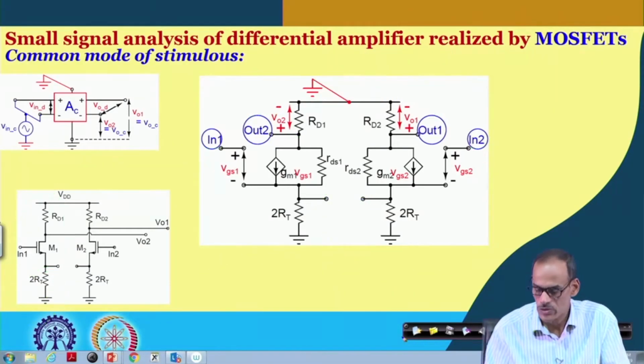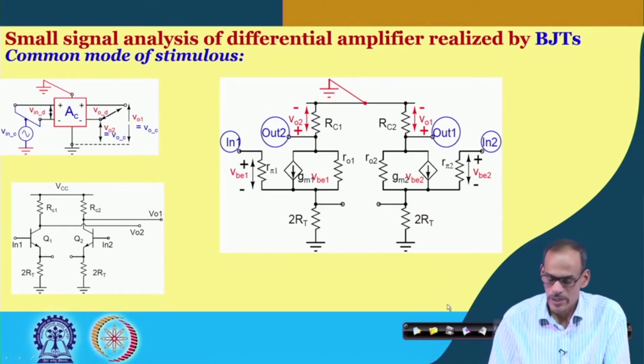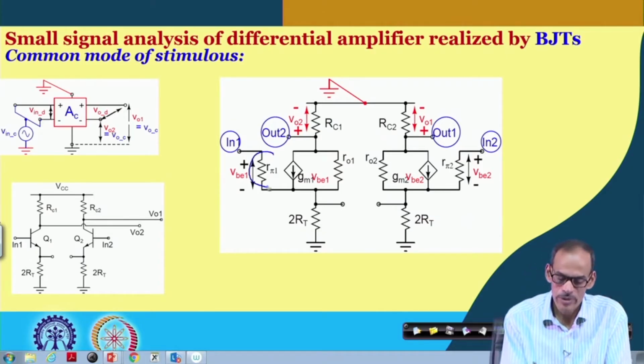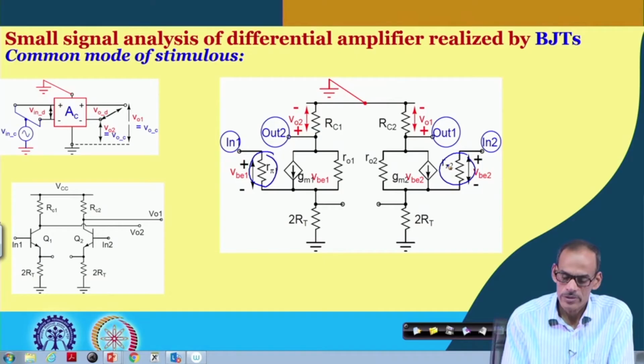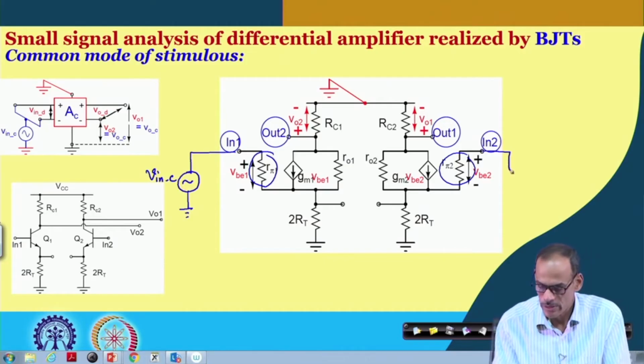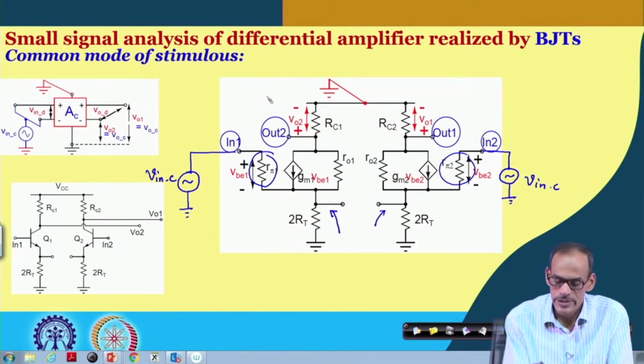In the next slide we have the corresponding circuit, and here again we have a small difference in the circuit, namely we have r pi and r pi here, but for all practical purposes, when we stimulate the circuit with identical signal V in C at input 1 and input 2, then the signals coming here and here are identical.